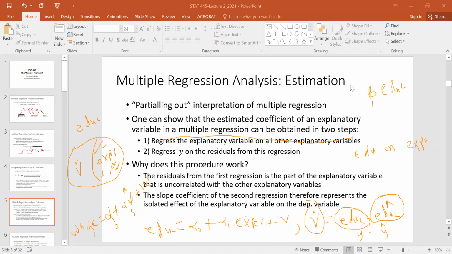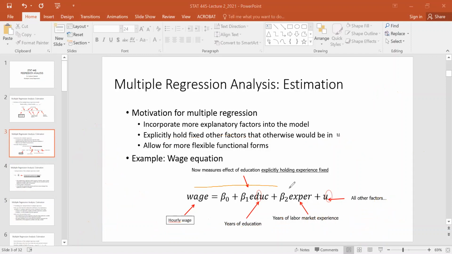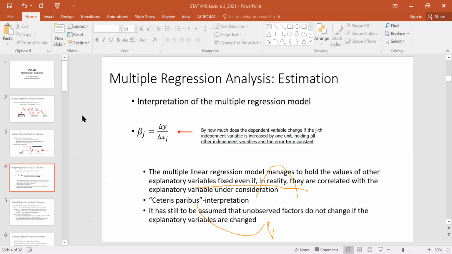Okay, so look at this. Instead of running this whole regression, I do 2 steps. I am regressing this on that, collect the residuals, and run wage on that residual. Okay, why does this process work?